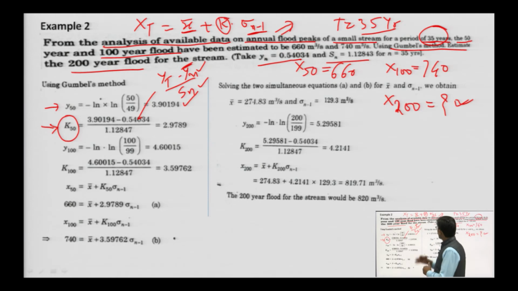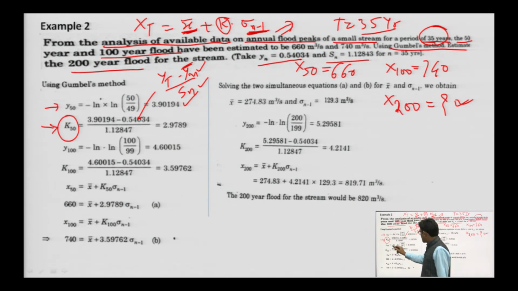If x and sigma n minus 1 are known to us, then we can calculate the flood at any time interval. So the question is to calculate x mean and sigma n minus 1. See how it can be done.